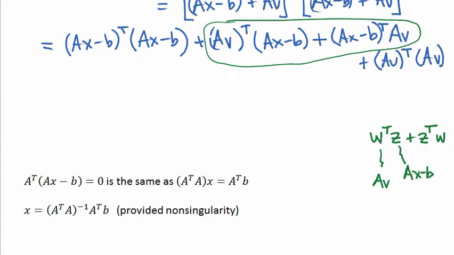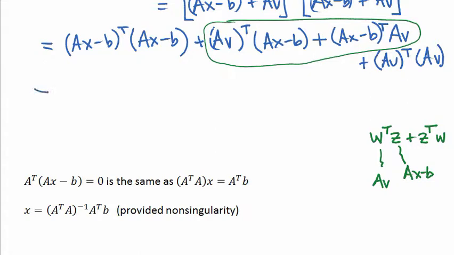Well, an inner product between two vectors is just a scalar. So it doesn't matter whether I write W transpose Z or Z transpose W, they're the same scalar. The inner product result doesn't depend on the order of the two vectors.